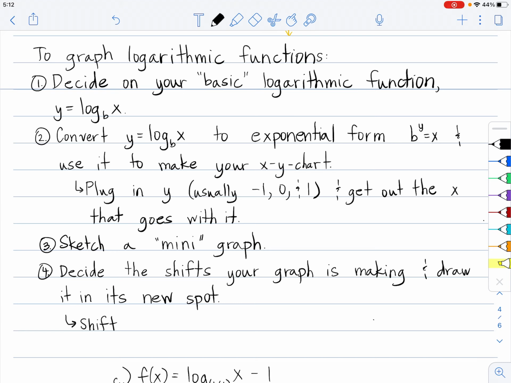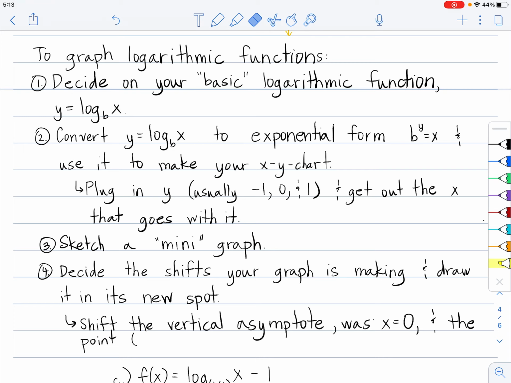And in general, we want to shift the vertical asymptote, which was at x equals 0, and the point that was 1, 0. First.